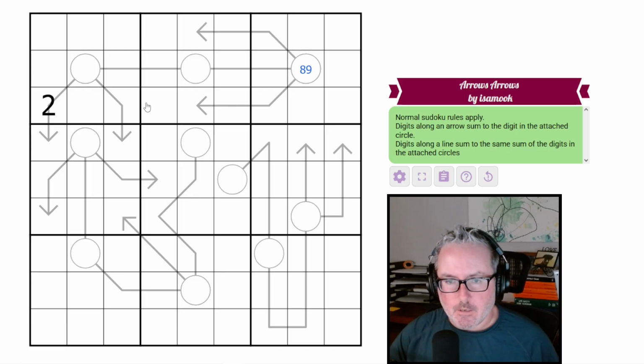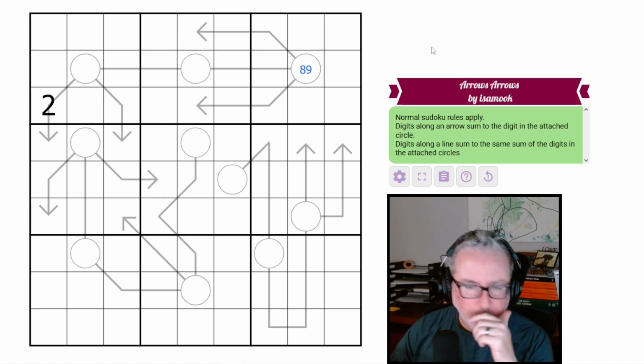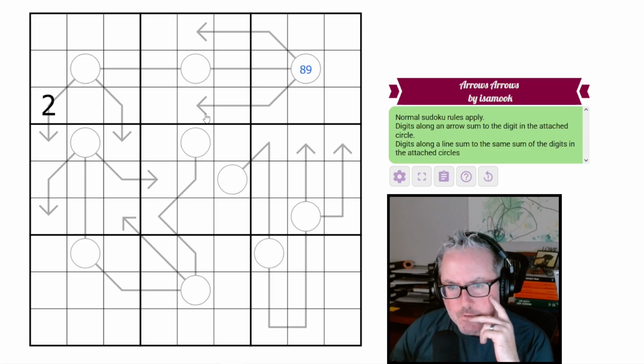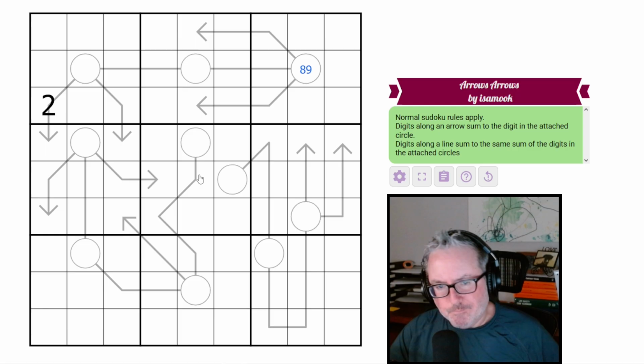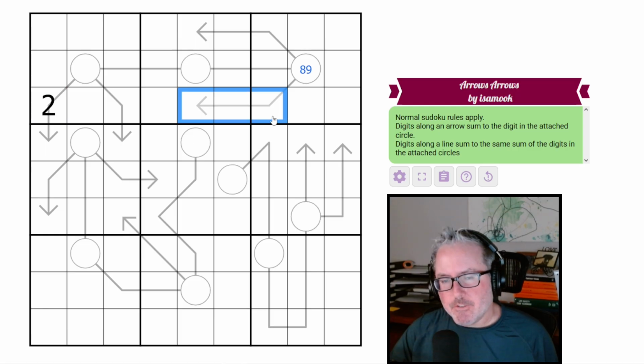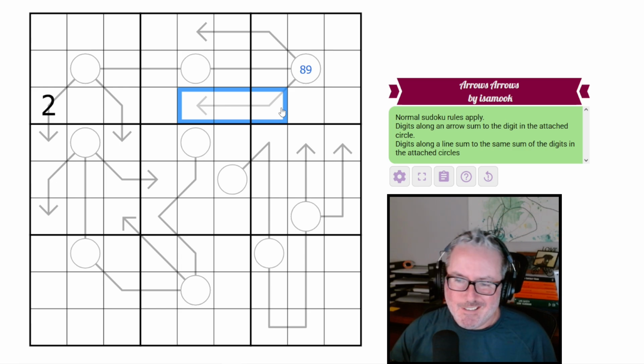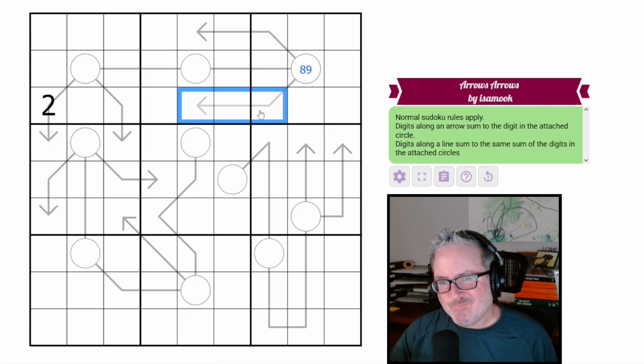I paused there for a second because I just realized there's a 2 here, because that could be interesting. And in relation to the fact that it's staring down this line. Yeah, I guess it doesn't though, does it?